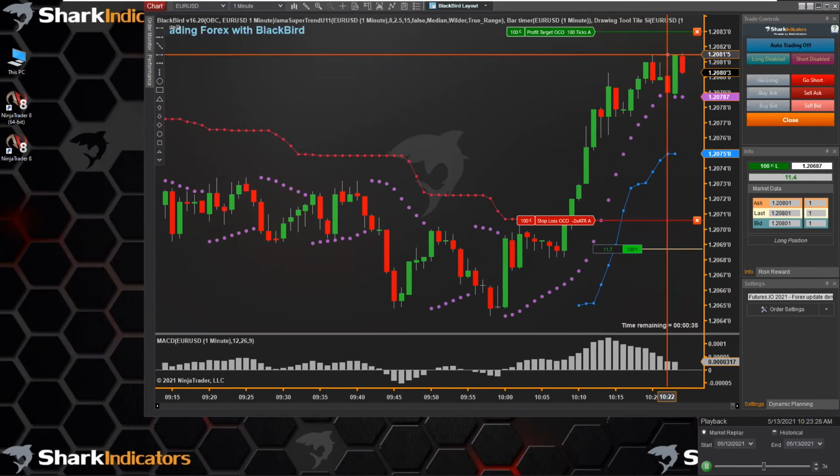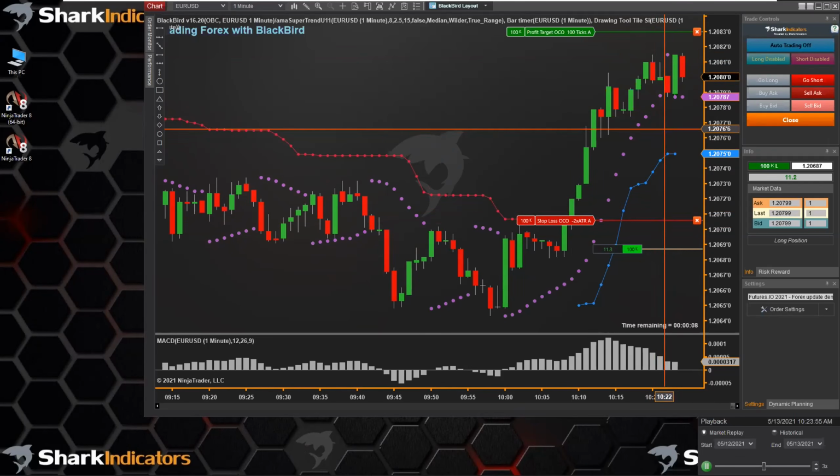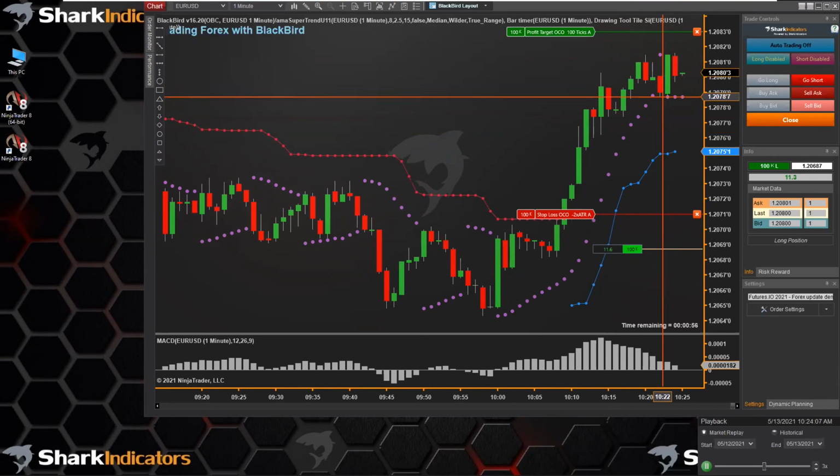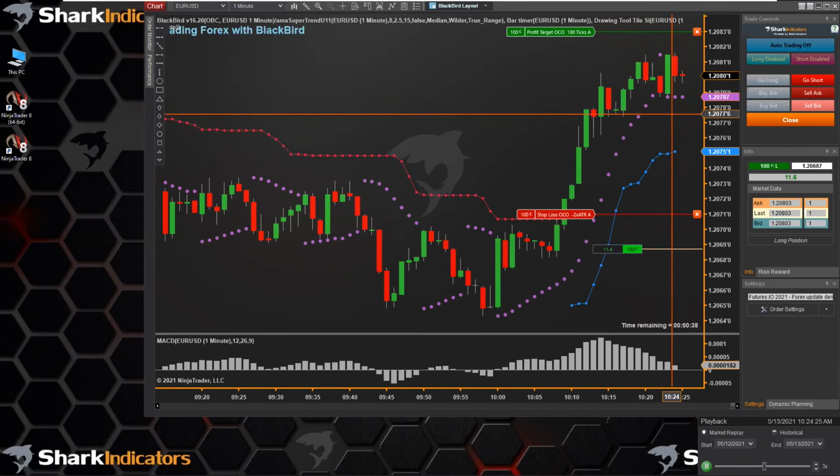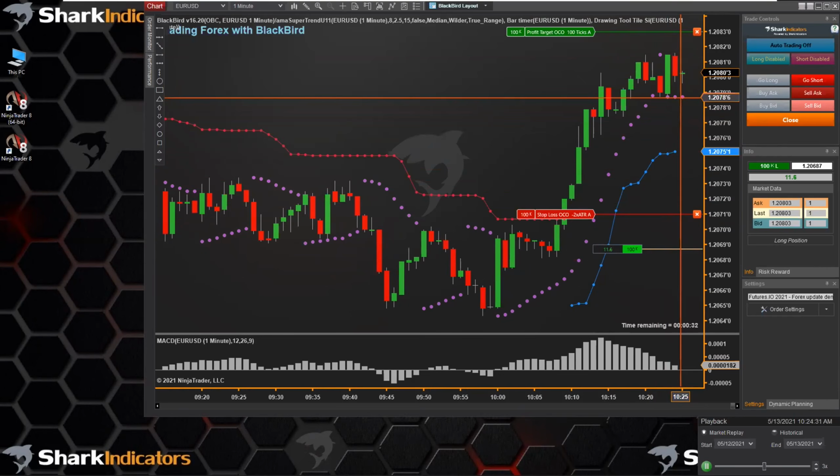Well, I built that safety check into the trailing rule as well. The trailing rules are going to make sure that the parabolic SAR is also on the correct side of the market before that stop loss just jumps up and starts trailing the parabolic SAR.